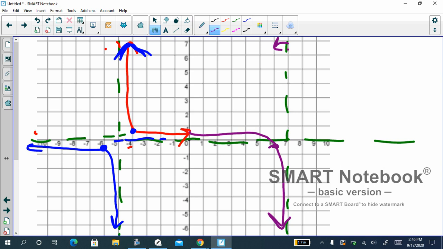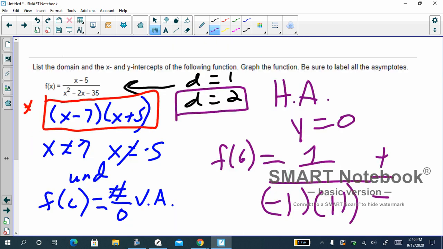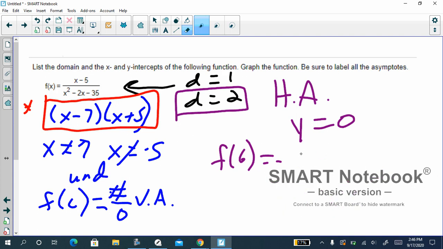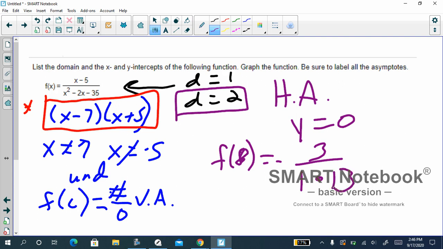So let's see what's going on the other side of that vertical. So let's plug in an 8. If we plug in an 8, we get a 3 on top. We get 1 times 13 on bottom. That's positive over positive, so positive 3/13.